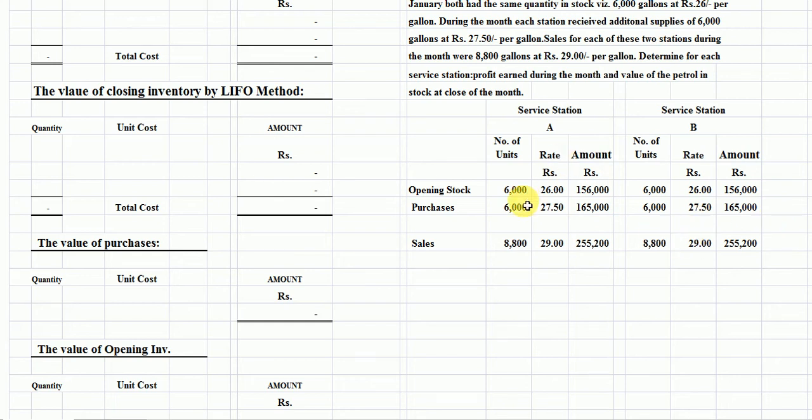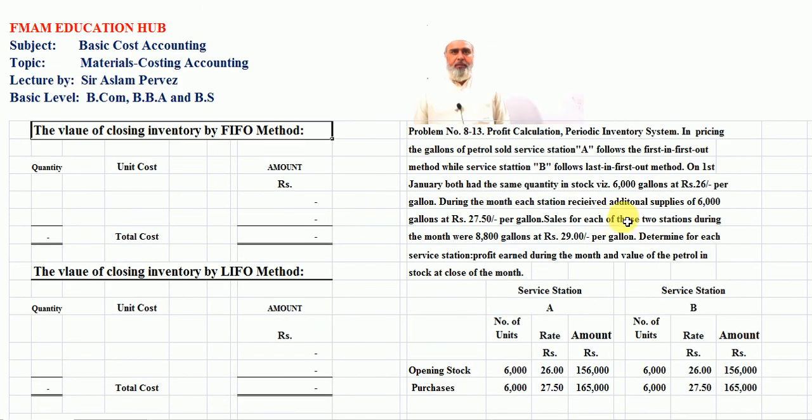Friends, both stations sell the same quantity, 8,800 gallons. The rate is 29 per gallon. Students, we have to find out the profit of both service stations.